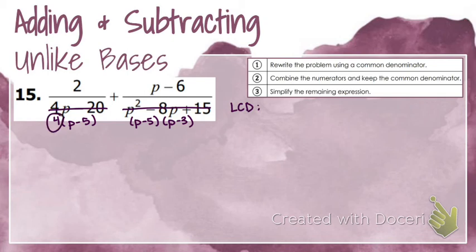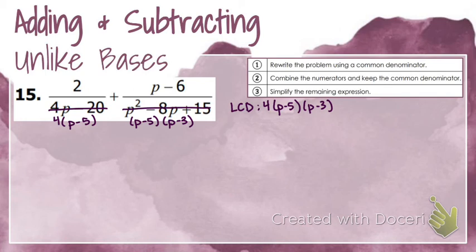We only have one coefficient, and it's a 4, so that has to go in the LCD. We don't have any variables by themselves, so now we look at binomials. So we have a p minus 5 here and a p minus 5 here. As long as it only shows up once in either denominator, you only have to put it in there once. The only time you have to list it twice is if it shows up twice in the same fraction. But it's not the same fraction, so we're good. And then we have to include a p minus 3 as well.